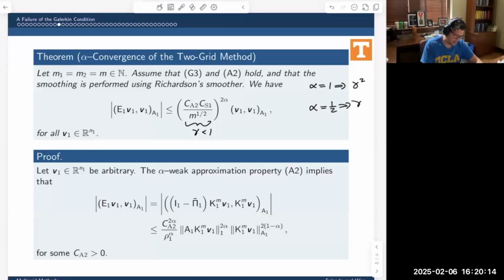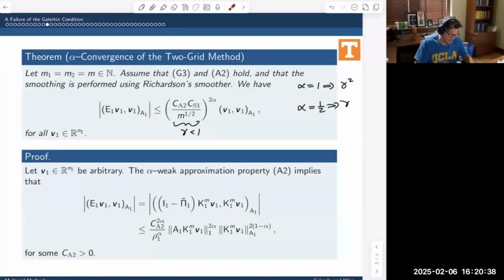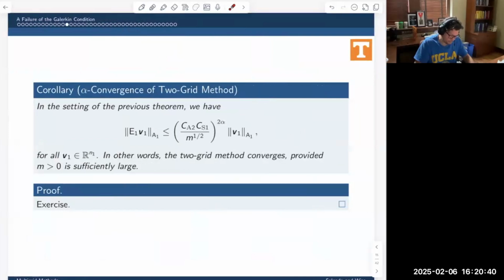Because here we have 2 alpha power, and 2 times alpha is just equal to 1. And so we don't improve our convergence constant with that power. So we lose some speed of convergence. All right, so we do lose a bit by making these assumptions, but we still get a convergence. And that's the important thing. We don't lose everything.